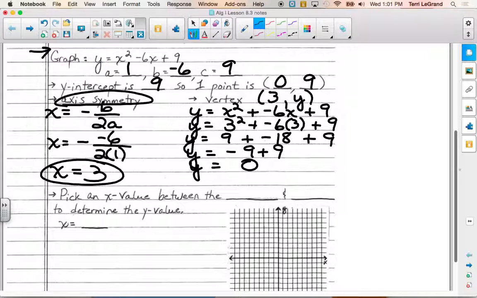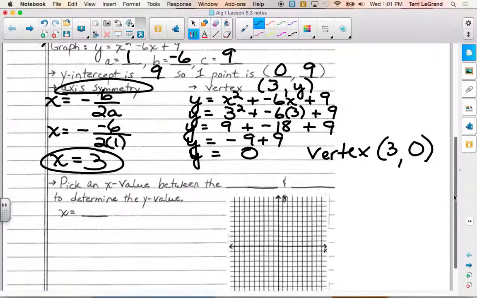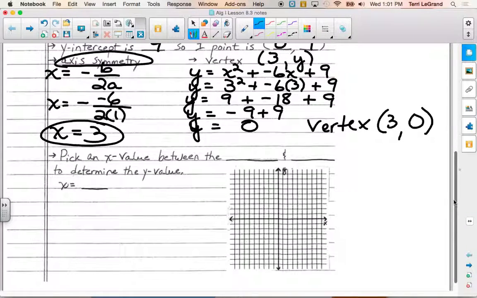So we already should have a little bit of a picture. We can say our vertex is the ordered pair (3, 0). That means I've got the vertex sitting on the x-axis, and it's going to be opening up because there's a positive a value. So let's go ahead and graph our vertex. Then with this ruler that I'm going to pass out to you, I want you to make a dashed vertical line going through that vertex, because we know that's where the axis of symmetry goes, through the vertex.